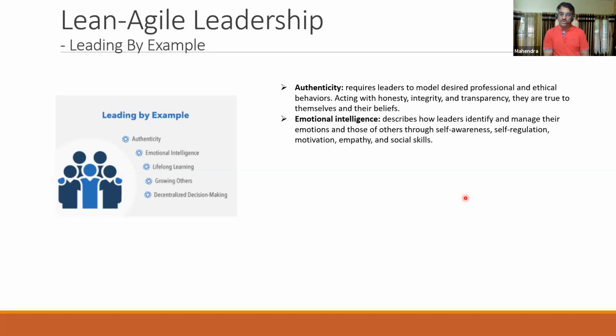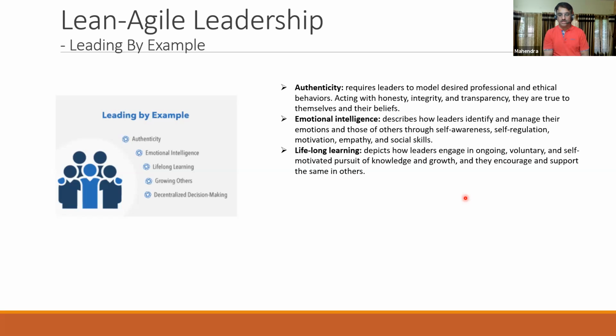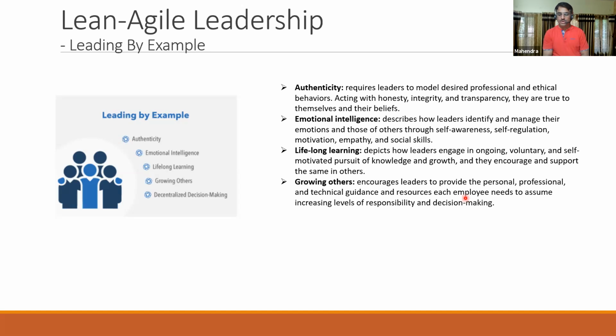They need to have high emotional intelligence, and they need to be lifelong learners themselves, on a self-improvement path, self-motivated in the pursuit of knowledge and growth. They should be interested in growing others. The best leader is one who can make others grow, rather than himself growing.